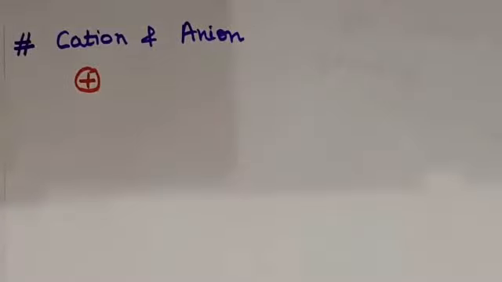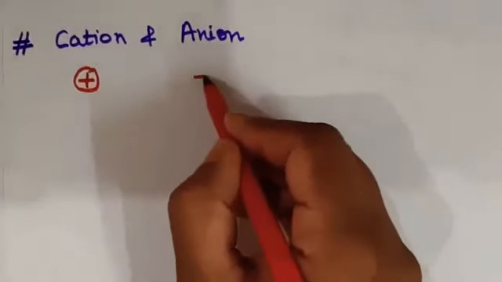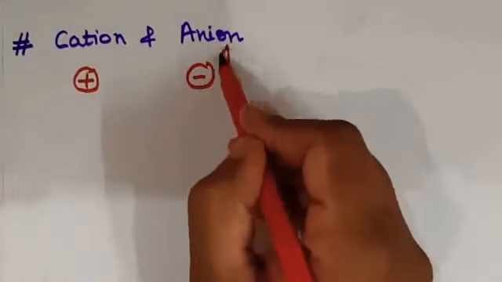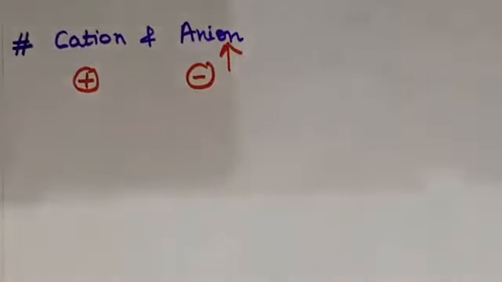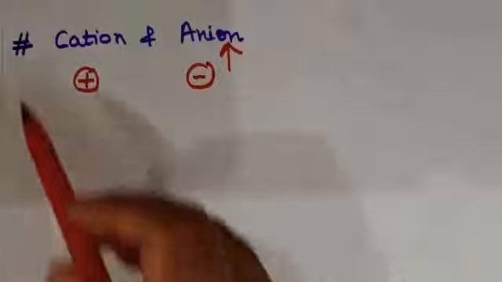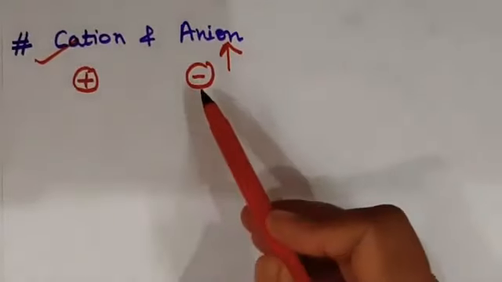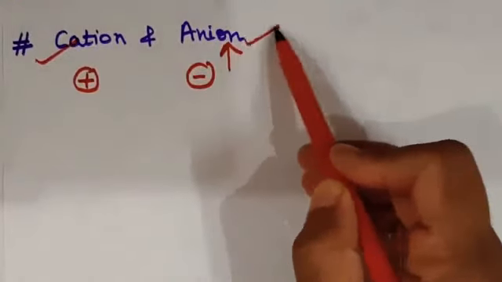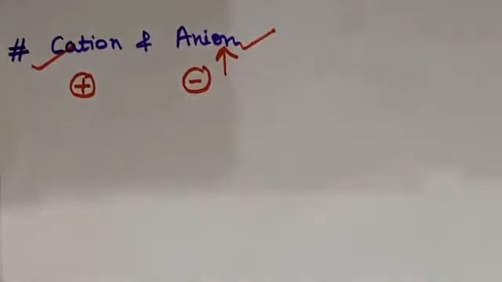And if the charged particle is negatively charged, it is an anion. So what is cation? Positively charged ion is called cation. And what is anion? Negatively charged ion is called anion.